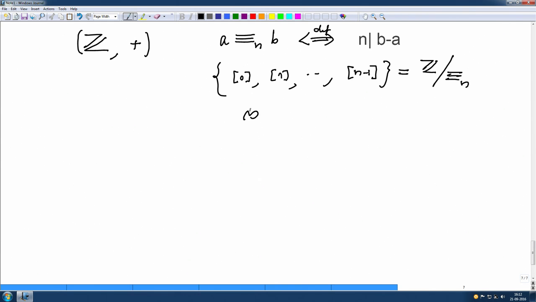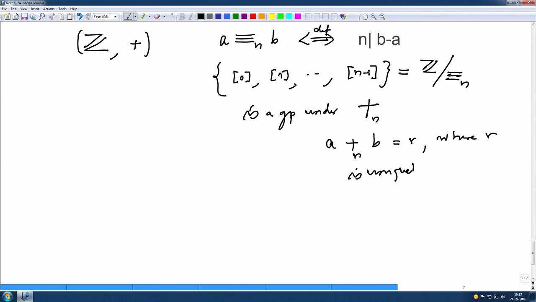So this is a group under addition modulo n. That simply means you take integers a and b, add them as usual, and take the remainder after dividing by n. So this is r, where r is uniquely determined by the division algorithm: a plus b equals q times n plus r.